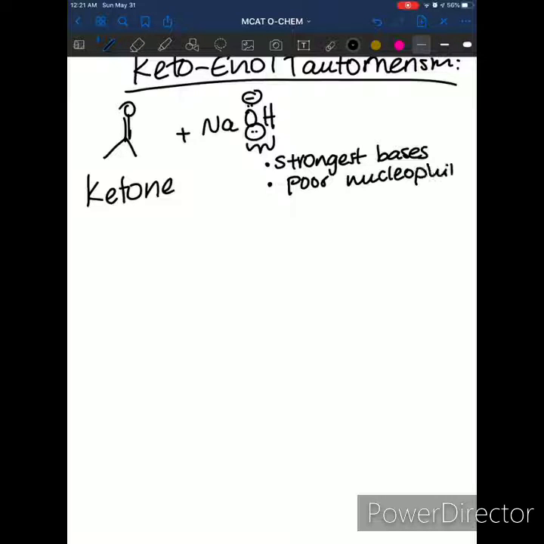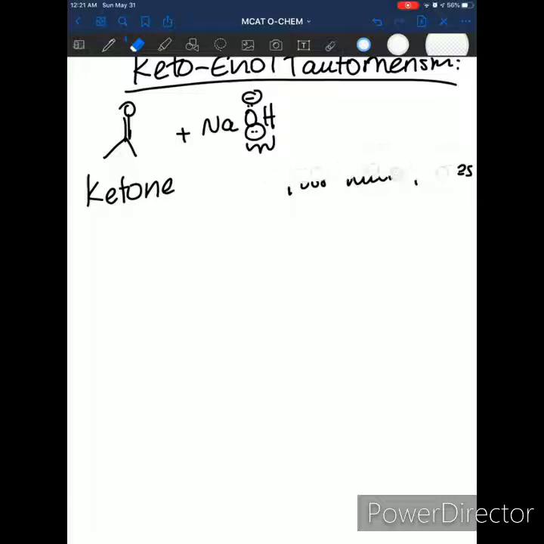It does not follow the rules that I talked about in the other video, where nucleophiles must be weak bases, right? And we just said that NaOH is a very strong base. So this would not result in a nucleophilic attack. It would result in an acid-base reaction.